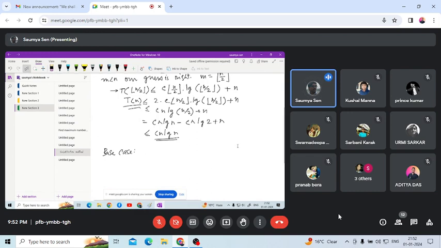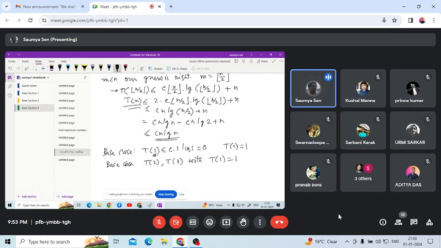Interestingly, for base case P of 1, it is not true, because in case of P of 1, this is less than or equal to C into 1 into log of 1, that is 0, which contradicts what we assumed, P of 1 equals 1. So the base case cannot start from 1. We will show that the base case is true for P of 2 and P of 3 with the assumption P of 1 equals 1.